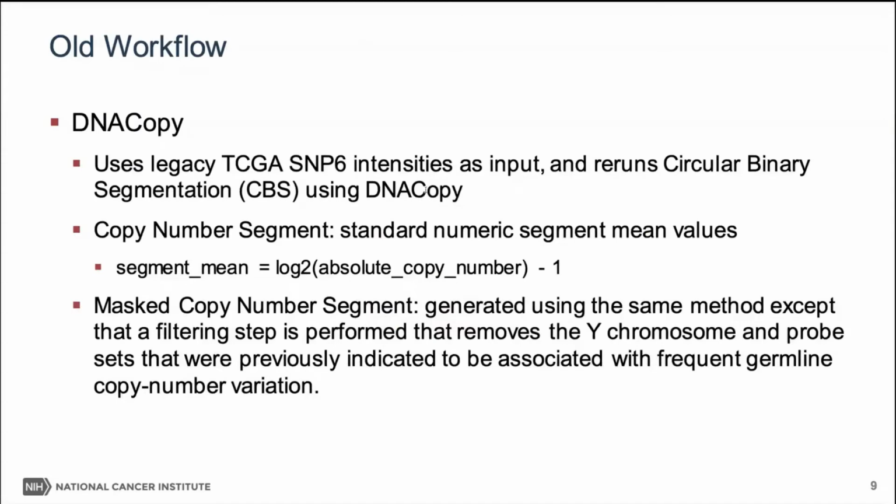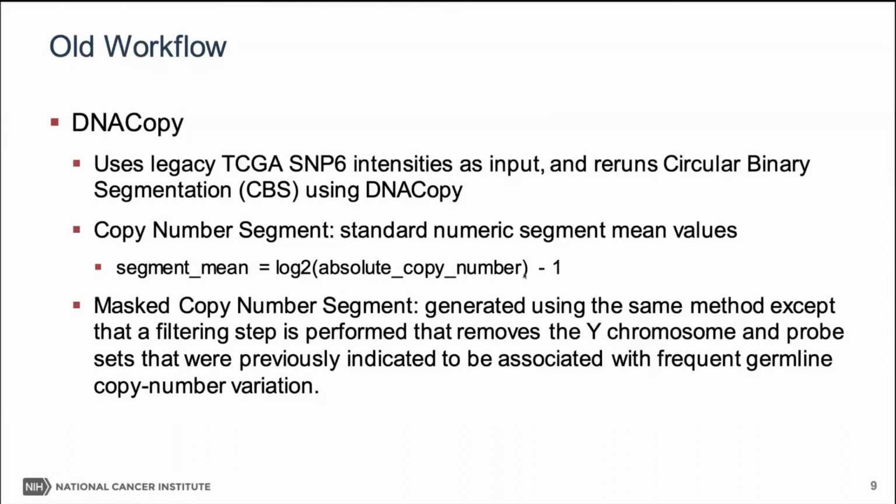If you have been using those segmentation files a lot, you'll be very familiar with the format, so I'm not going to cover it here. Just one note for people not familiar with the segment mean value provided. The segment mean value is normally defined as the log2 scale of the absolute copy number, minus 1.